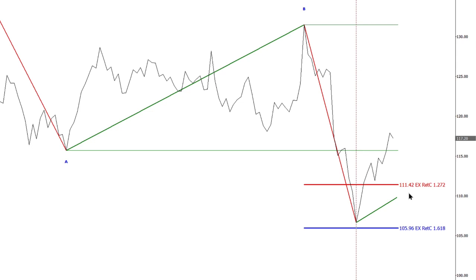So again, each of these retracements are labeled by the exact price, a description, in this case external retracement, and a description that C means the external retracement is done on the close. And then, of course, the actual ratio.